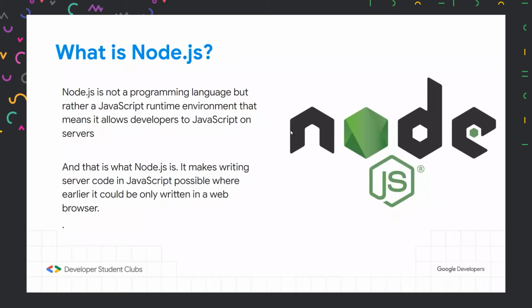So Node.js is not a programming language, but we have a programming language called JavaScript. Node.js acts as a runtime environment, which means it allows developers to use JavaScript on the server. If I tell you about the history of JavaScript, this may be a lot clearer.